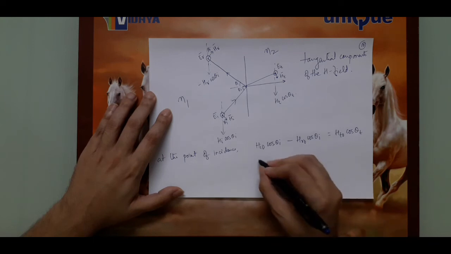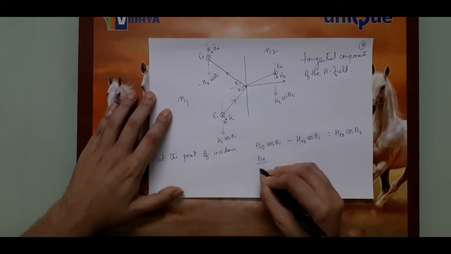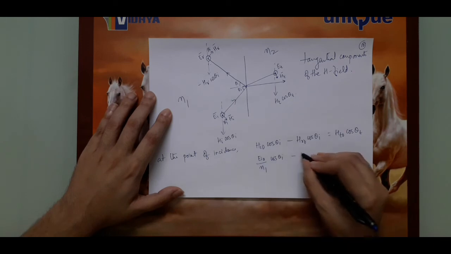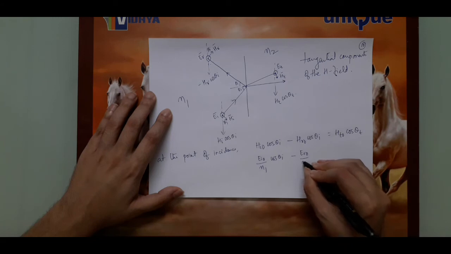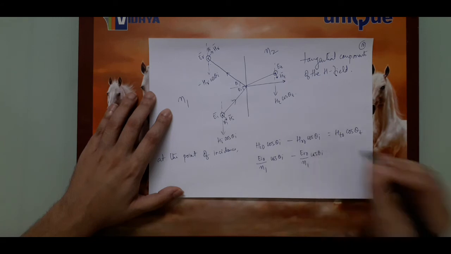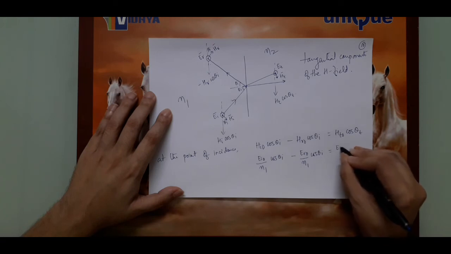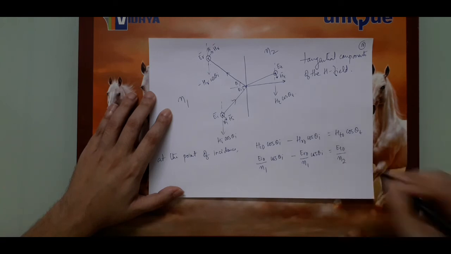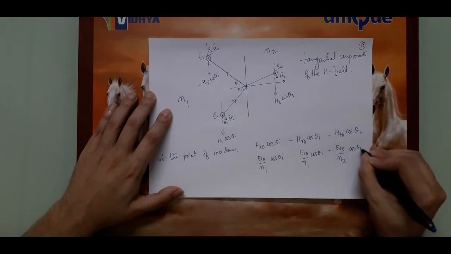So this we can write as Ei0 by eta1 cos theta I minus Er0 by eta1 cos theta I, and that will be equal to Et0 by eta2 cos theta t.